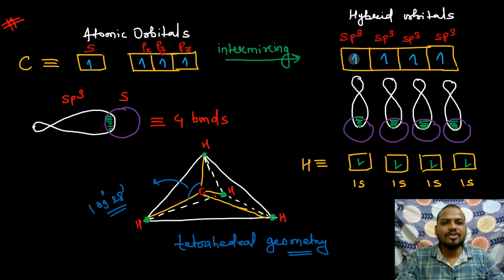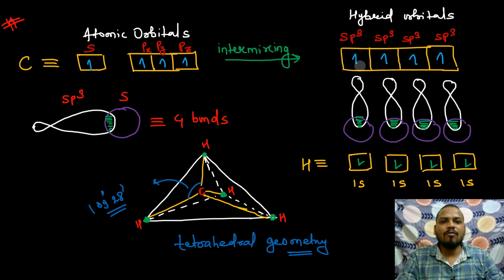After the formation of hybrid orbitals, the 1s atomic orbital of hydrogen will come closer to the hybrid orbital of carbon and form a covalent bond through the molecular axis. This hybrid orbital is called sp3 because it is formed from one s orbital and three p orbitals.